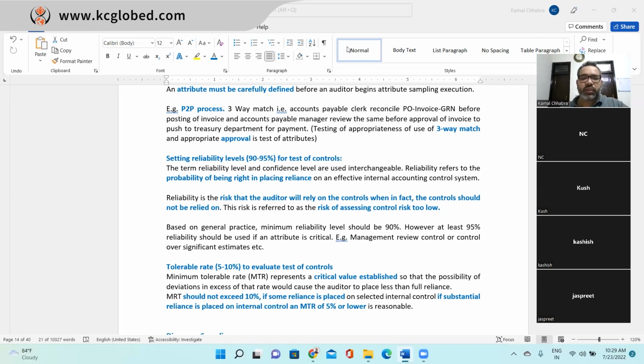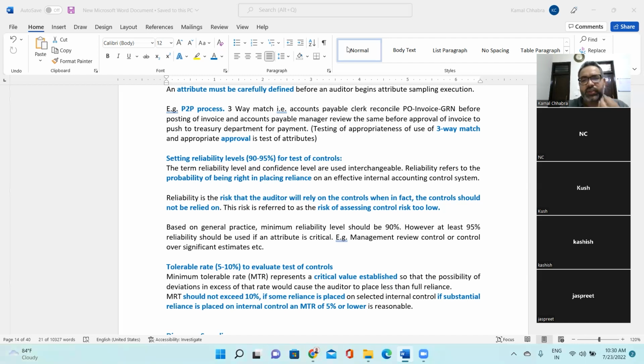Second, based on general practice, the minimum reliability level should be 90%. However, at least 95% reliability should be used if the attribute is critical. If you are testing critical items, like where you have a fraud risk notice, or a significant risk notice, or management overriding of controls, or control over a significant estimate, in that scenario you are not supposed to rely more than 95%.